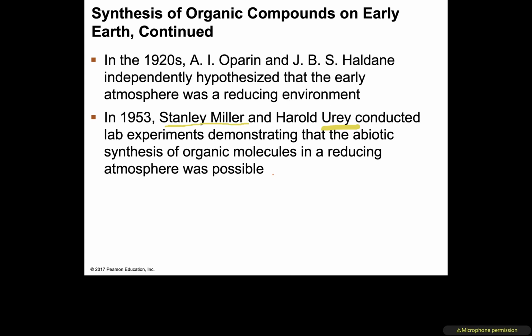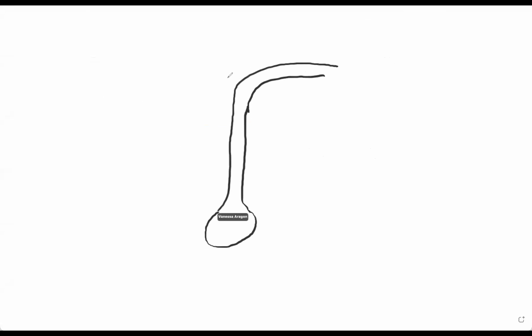Let's go ahead and make myself a whiteboard. I will draw out Stanley and Urey's experiment for you. So what they did is they had themselves nice little chemistry equipment. Looks like this. And then from here, give me just a moment with my iPad.